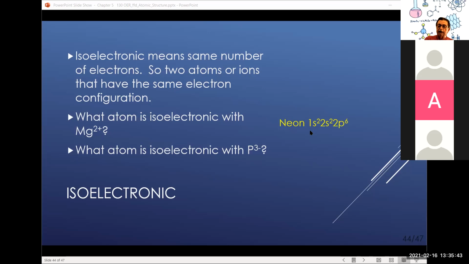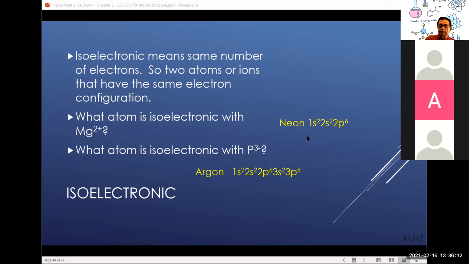Magnesium, when it loses 2 electrons, because it is in group 2, loses those 2 valence electrons and now has 10 electrons, whereas before it started as 12. So it is isoelectronic with neon, just like fluorine is isoelectronic with neon.